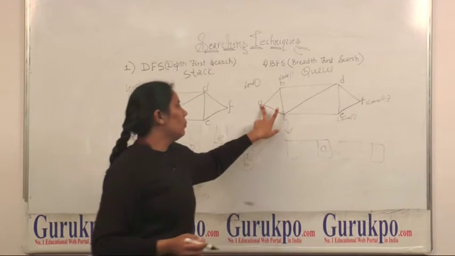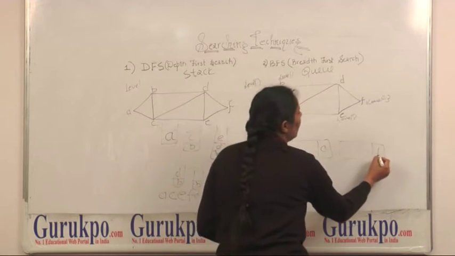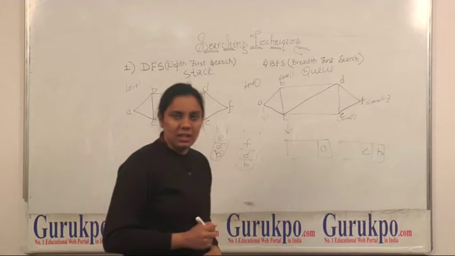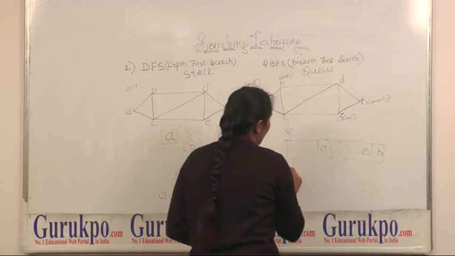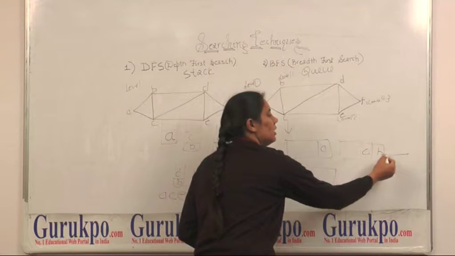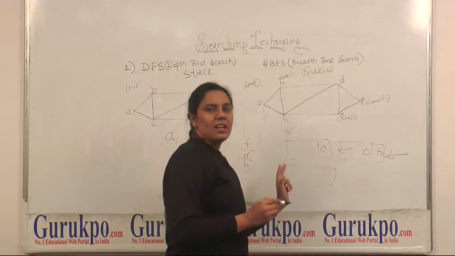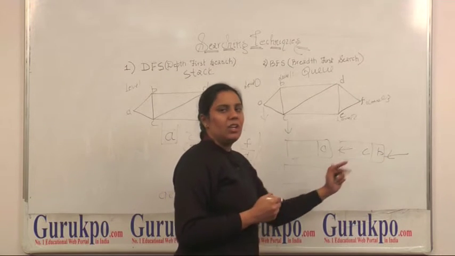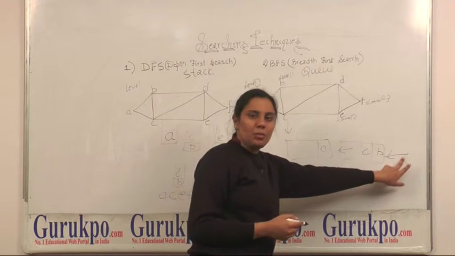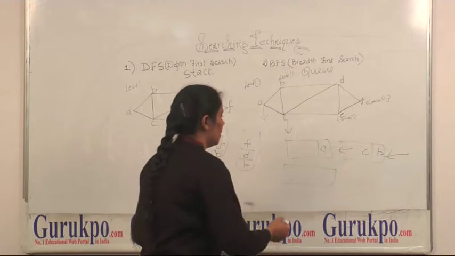We will be removing A and writing its child nodes, that is B and C. Always, we insert the nodes from this side and remove the nodes from this side, that is rear and front.